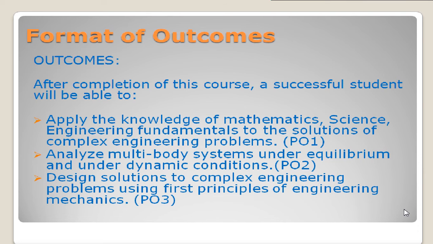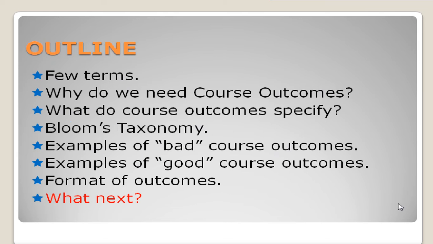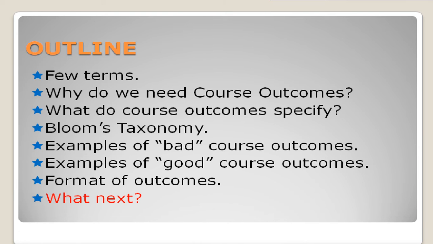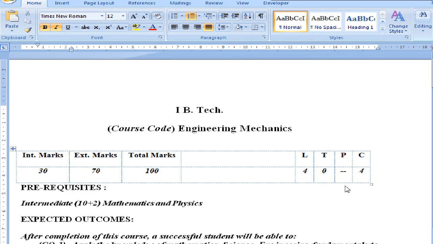Okay, when you try to write the course description, syllabus, and everything, it is best if we follow one pattern. I will try to bring up one pattern here. Let us say this is the engineering mechanics course that we are talking about. You'll have a heading, first BTech, mechanical engineering or civil engineering or whatever engineering comes over here.